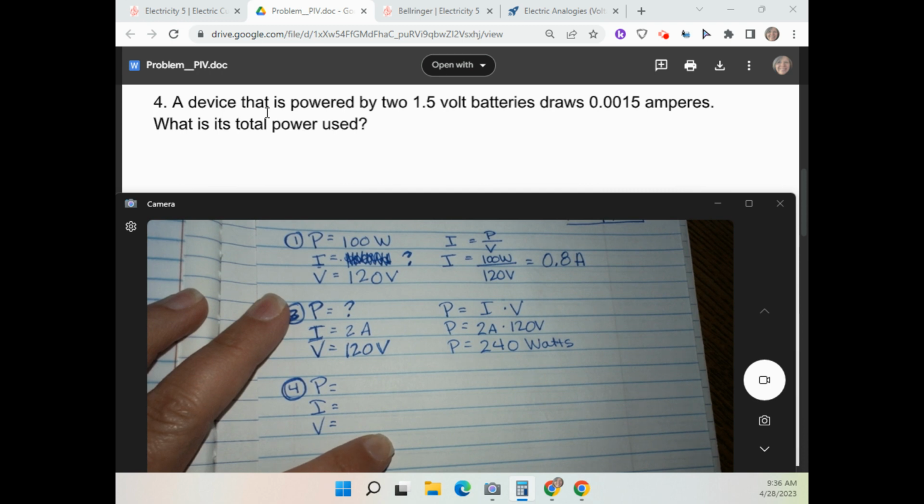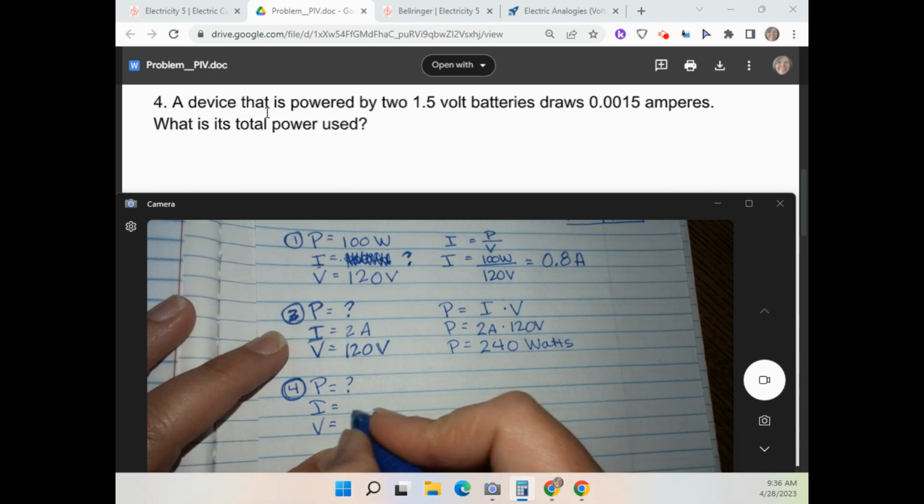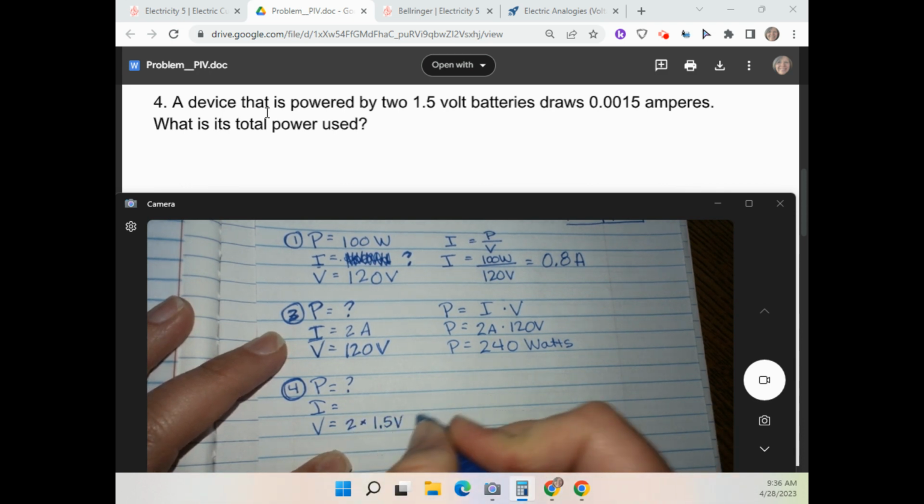What is the total power used? So our question is, what is the power? And it has 2 1.5 volt batteries. So what do I put for volts? Well, if I have 2 times 1.5, then I'm going to have 3 volts.